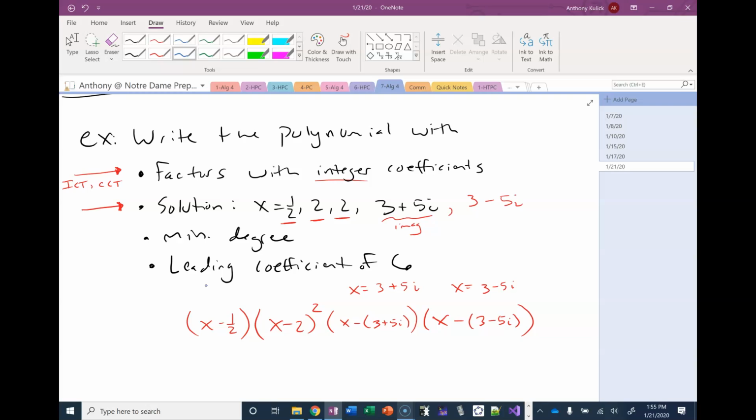Could I multiply it by something? If I multiply it by 2, what's going to happen?